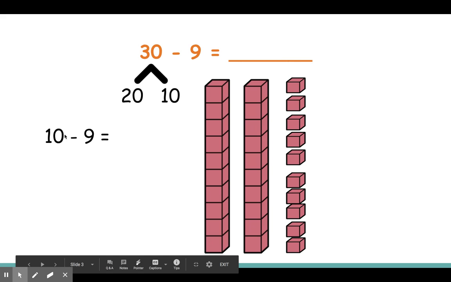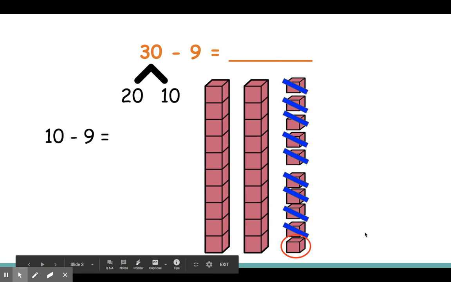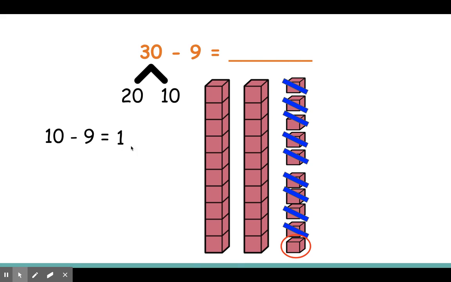So let's start by saying, okay, well, if 30 can be 20 and 10, let's subtract 9 from our group of 10. 10 subtract 9. Let's take away 9. 1, 2, 3, 4, 5, 6, 7, 8, 9. We've crossed out 9. What is left? That's right, the 1 at the bottom. So we know that 10 subtract 9 equals 1.